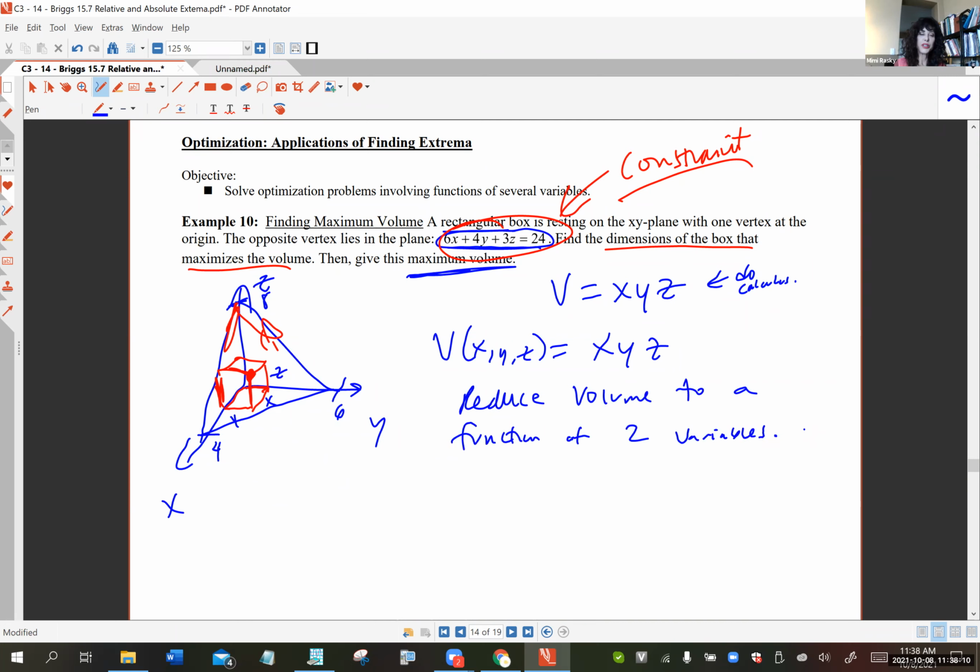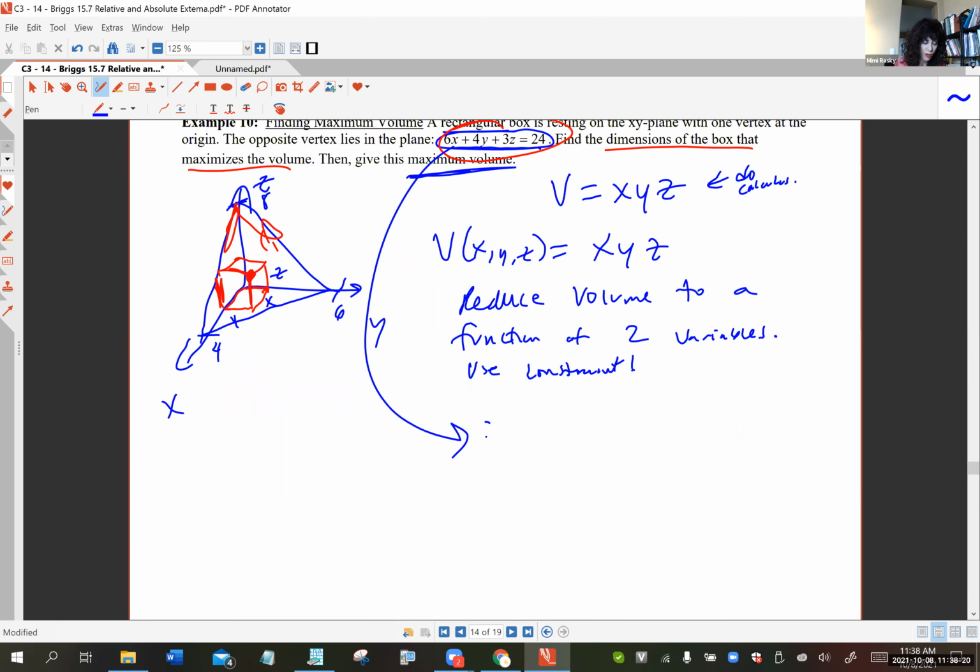No. You're going to use the constraint to do it. What do I mean by using the constraint? You're going to take your constraint equation and solve it for Z, and then substitute that Z expression into your volume function so that it has only X's and Y's in it. And then we can do all the work.